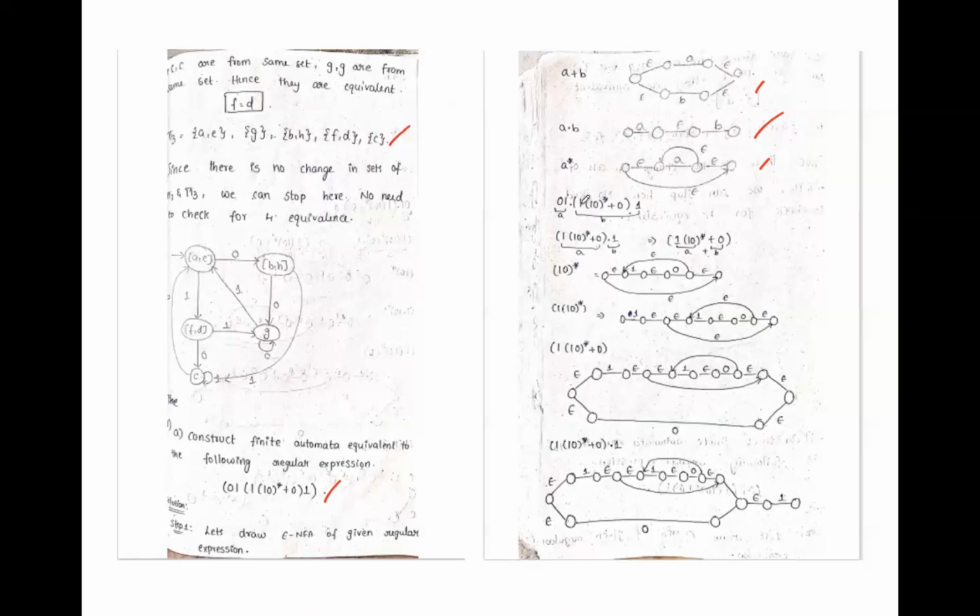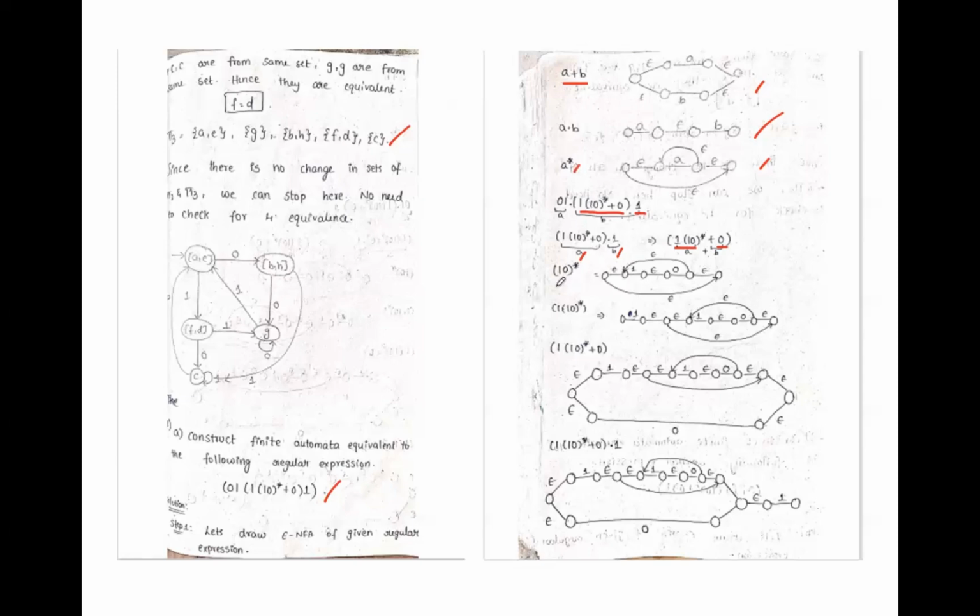And if you take this complete part, 1 into (1 0)* plus 0 into 1, the first part can be taken as A and the second part as B. For this complete case, again you can split it into this part as A plus this part as B. This is in the form of A plus B. And if you take this (1 0)*, this is in the form of A star. So you can apply this third rule.